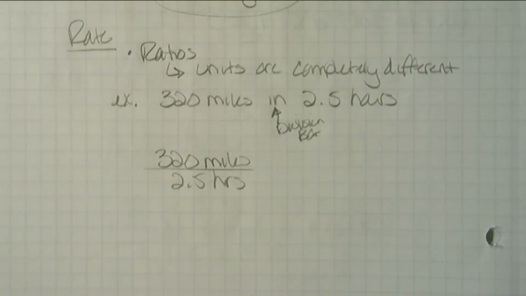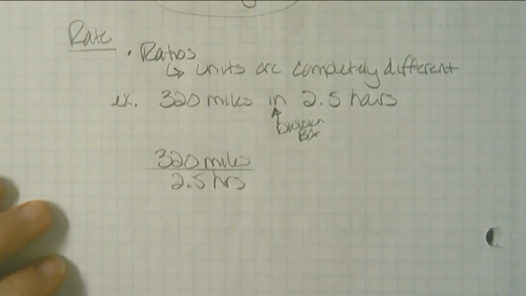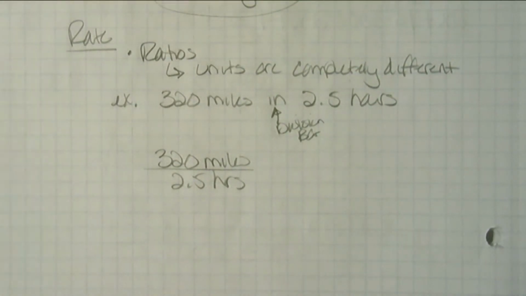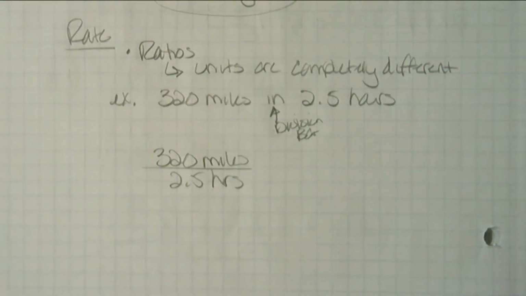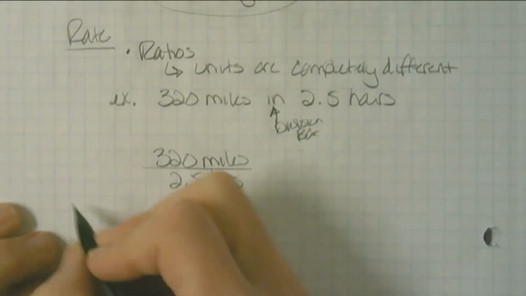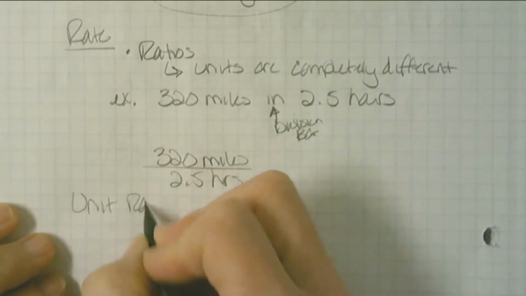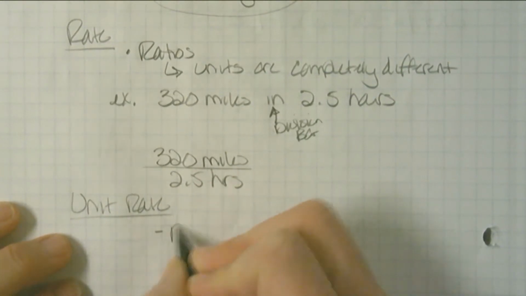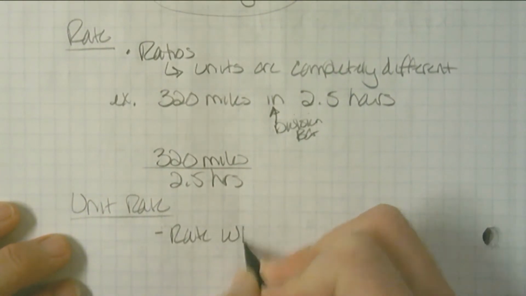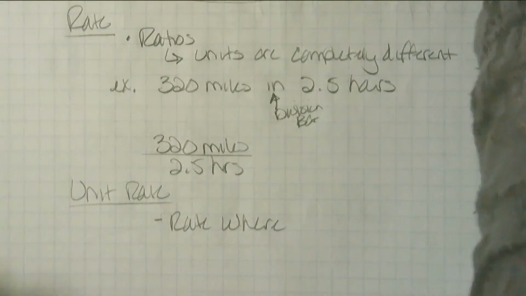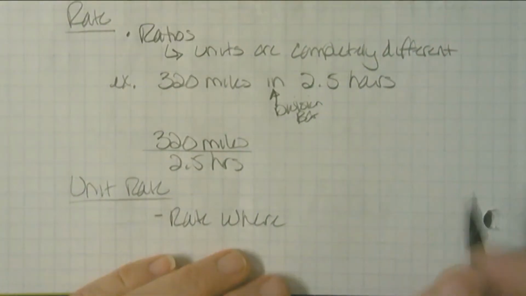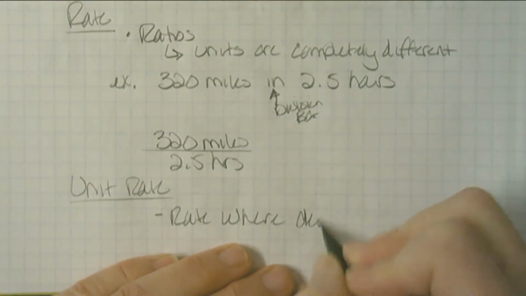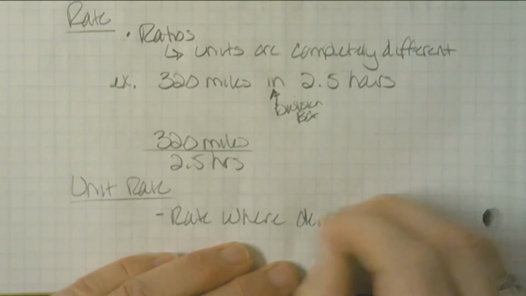How many of you guys remember us writing rates? Awesome. Now, we typically don't really use rates. We use more unit rates. But when we identify rates in story problems, we're really identifying unit rates in story problems. So a unit rate is just a rate where the denominator is 1, one of our denominator units.